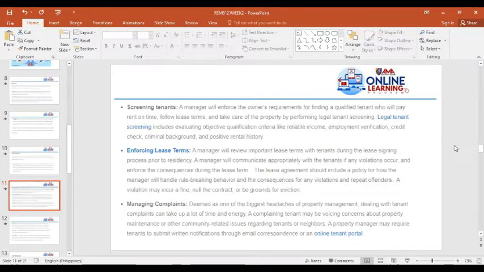So a property manager may require tenants to submit written notifications through email, correspondence, or an online tenant portal.